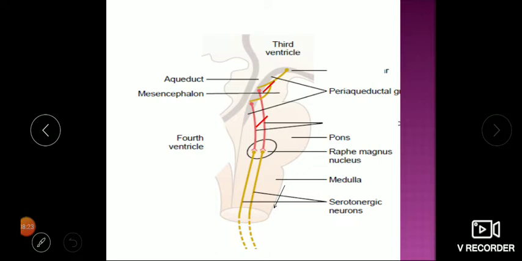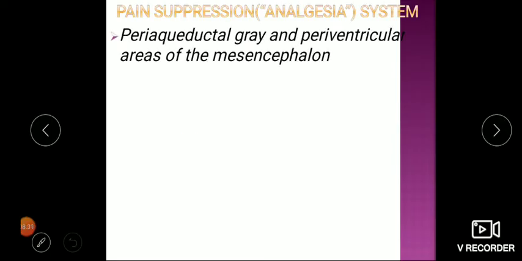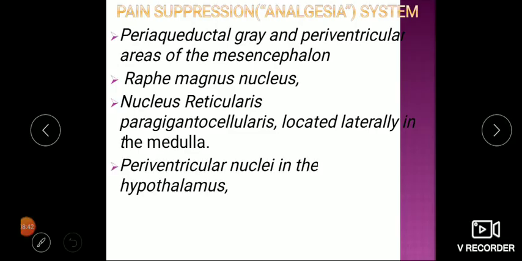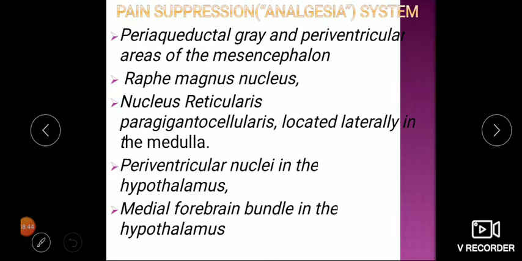The periaqueductal gray, periventricular nuclei and enkephalin nuclei are there. So basically the periaqueductal gray, periventricular area, mesencephalon, raphe nucleus, nucleus reticularis paragigantocellularis, periventricular nuclei and the hypothalamus, medial forebrain bundle. These different areas in the brain get stimulated.